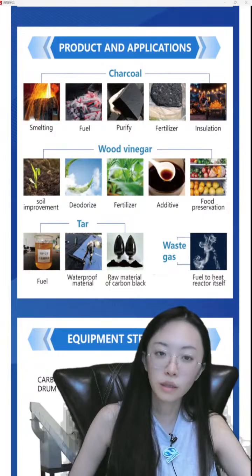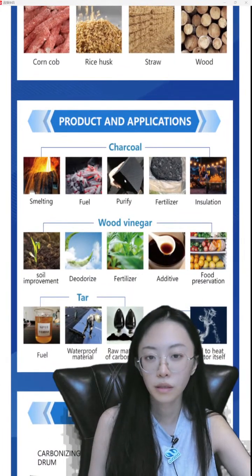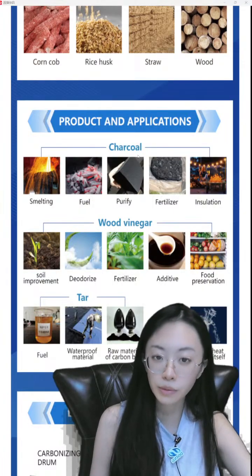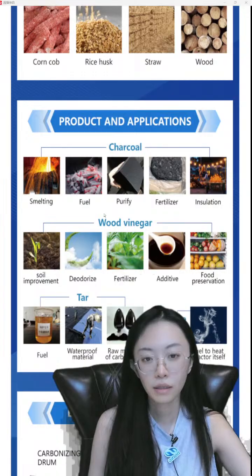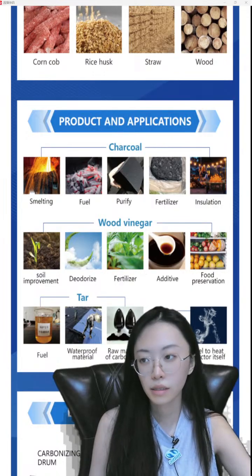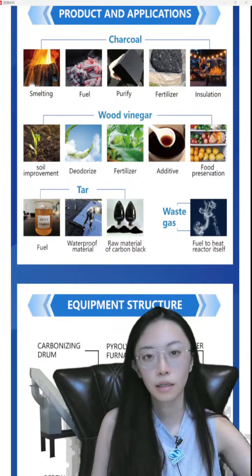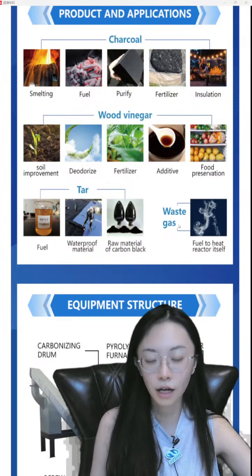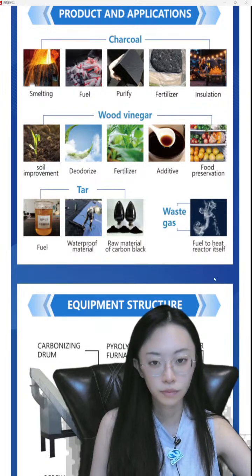The charcoal can be used for fuel, purifying materials, fertilizer, insulation materials, and so on. The wood vinegar and tars, we just burn them directly. And the waste gas, after purifying it, we can also use as heating fuel.